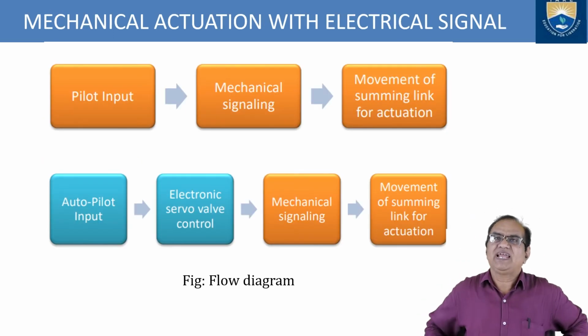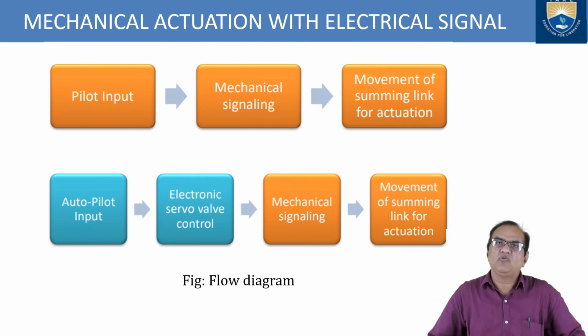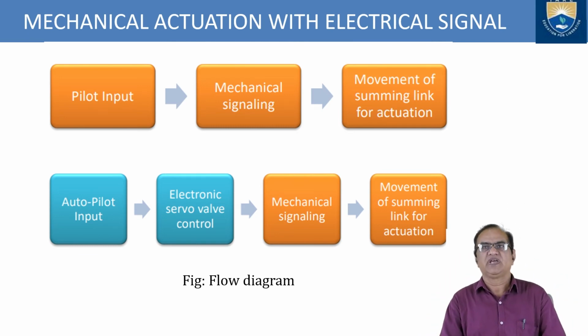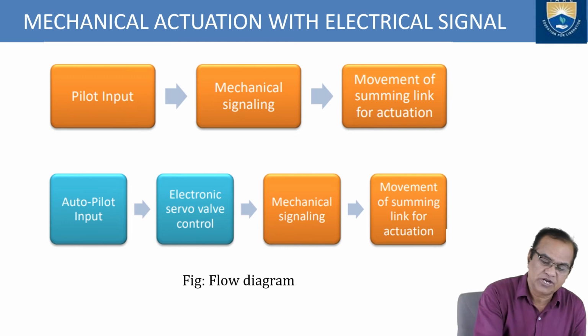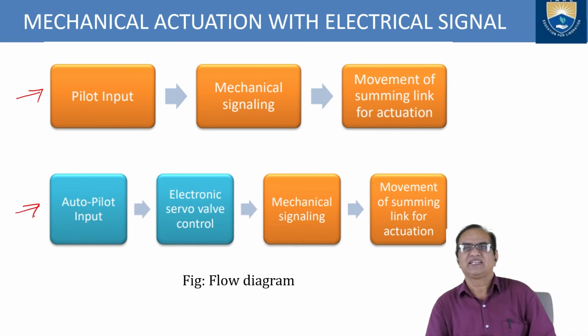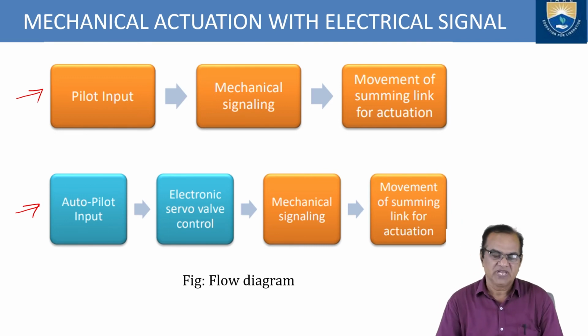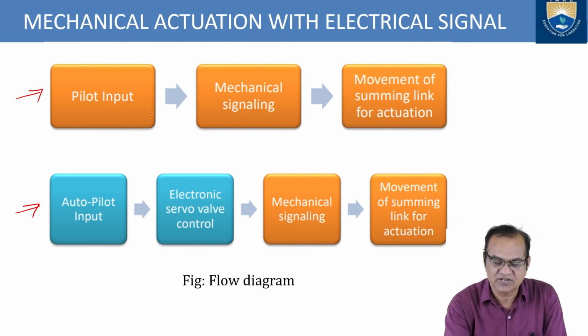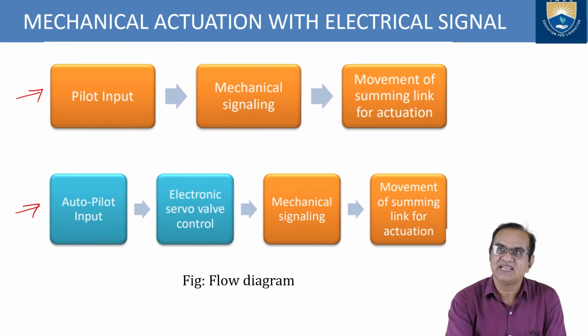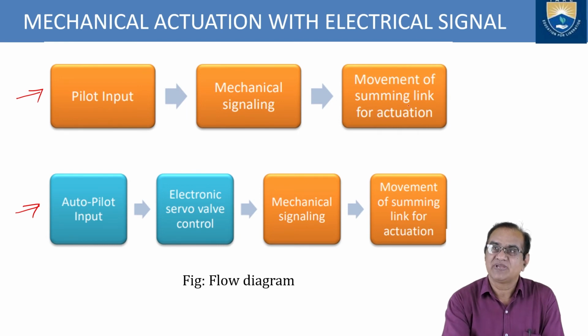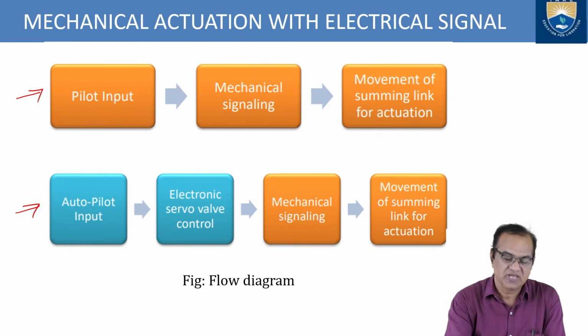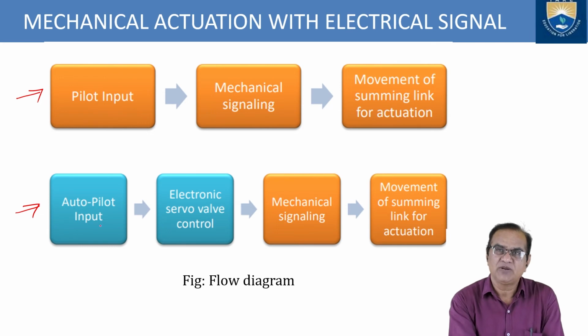Now, mechanical actuation with electrical signal, how is this processed? I have shown you that here we have two types of signal. One is the autopilot signal, another is the pilot signal. The pilot signal goes to the mechanical signaling, then movement of the summing link for actuation. The autopilot input goes to the electronic servo valve control unit.